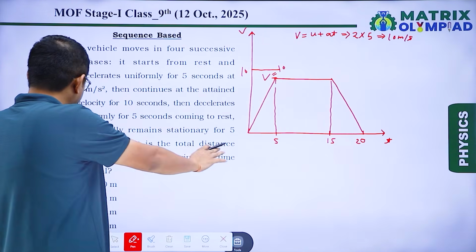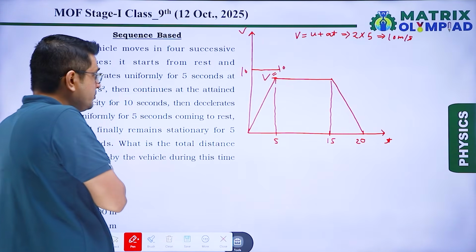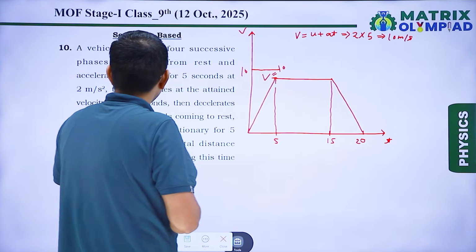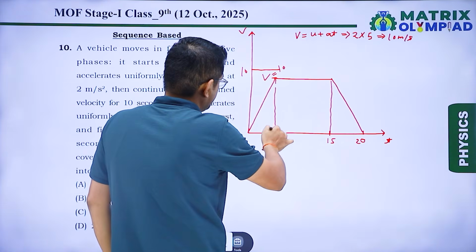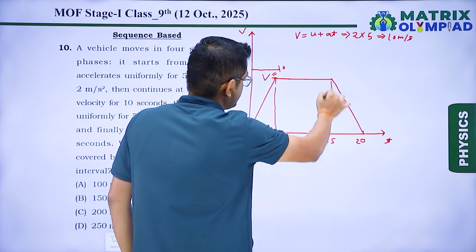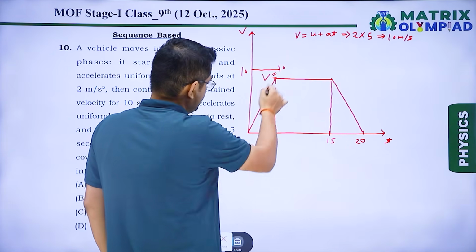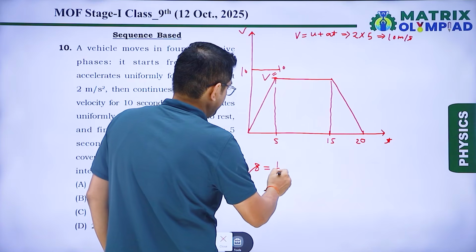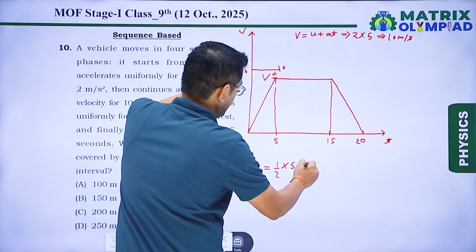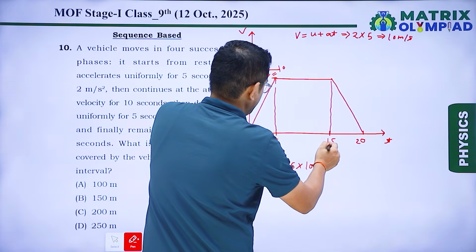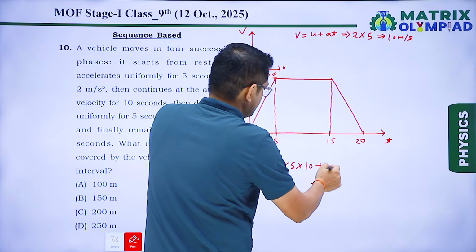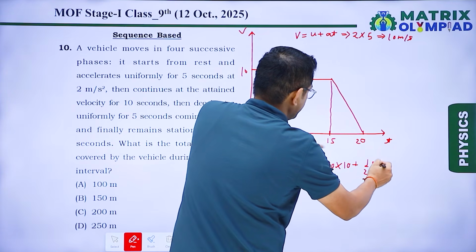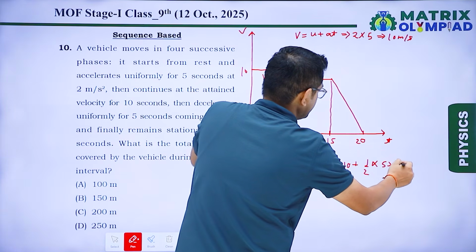Okay. What is the total distance covered by the vehicle during this time? So by the graphical method, the area will be equal to the distance. Okay. So this triangle area plus this area plus the other triangle area will be equal to the distance. For this I will write S equals half base into height plus length into breadth plus, for this also half, base is 5 and height is 10.